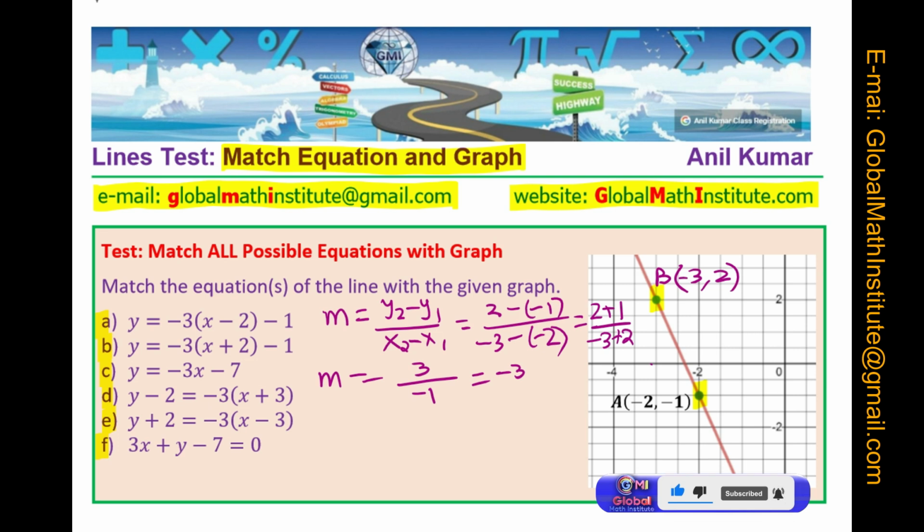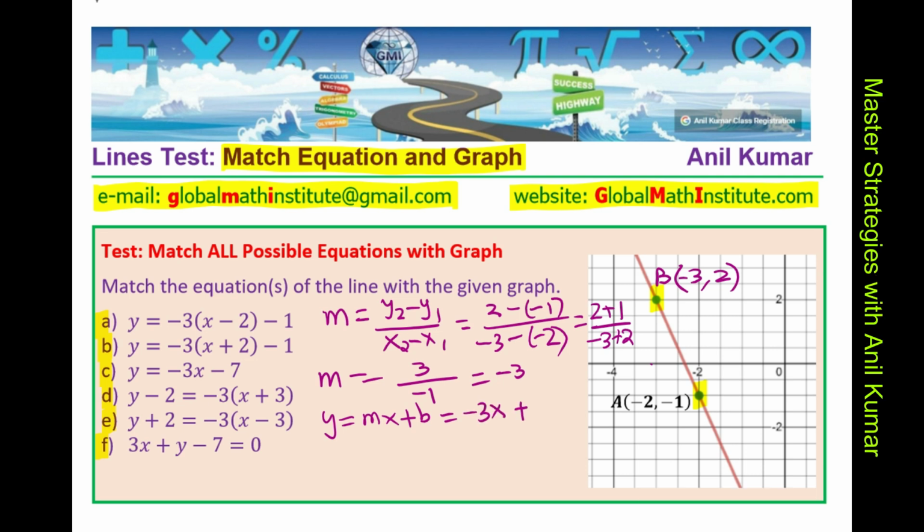Now this line passes through point -2, -1. We can find the equation in the form y equals mx plus b, which is slope is -3, x plus b. To find the value of b, it's a good idea to put the point and find the value of b. Substituting -2 for x and -1 for y, we get -1 equals -3 times -2 plus b.